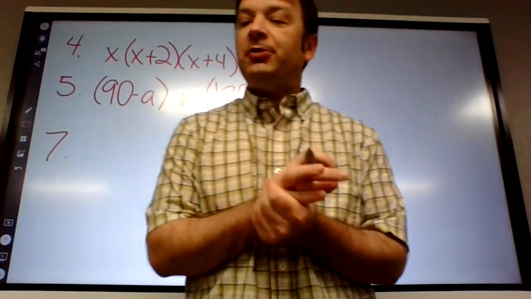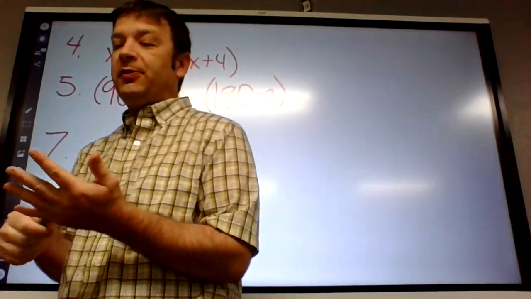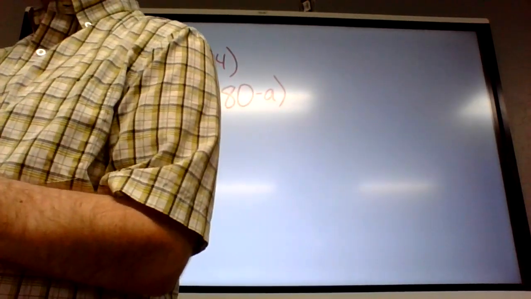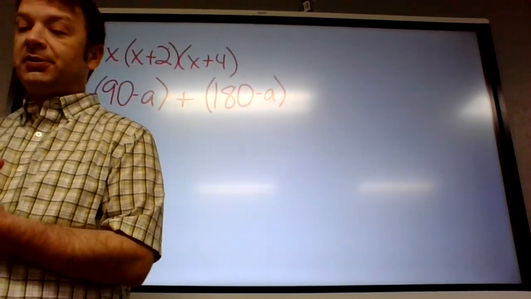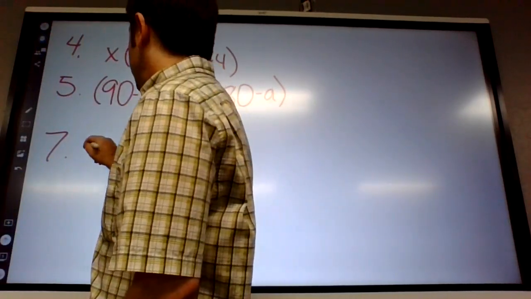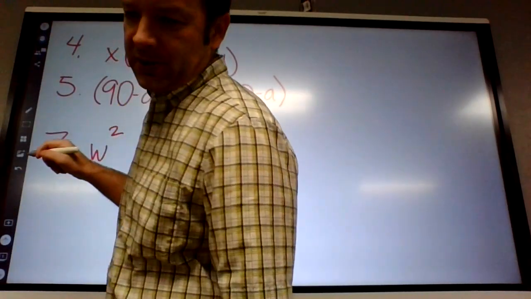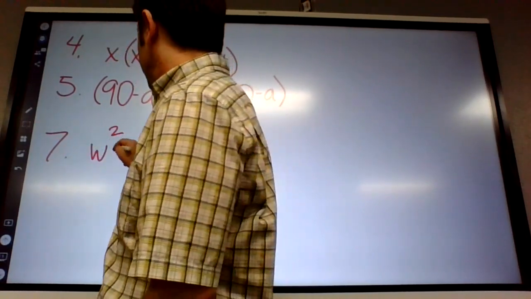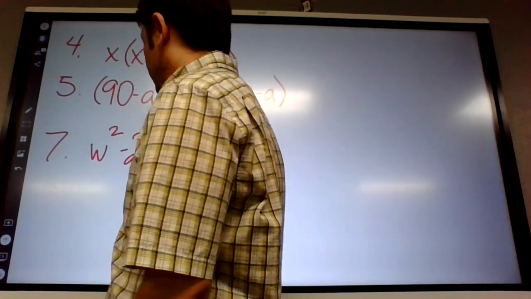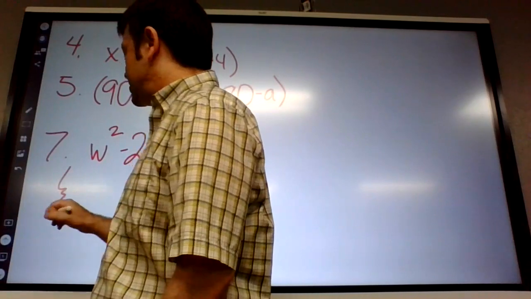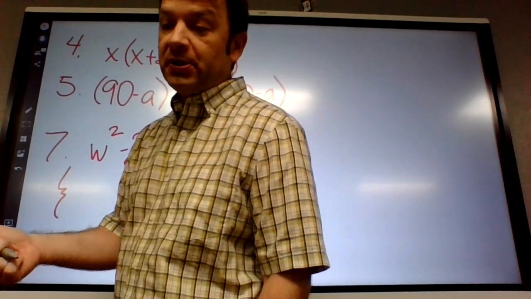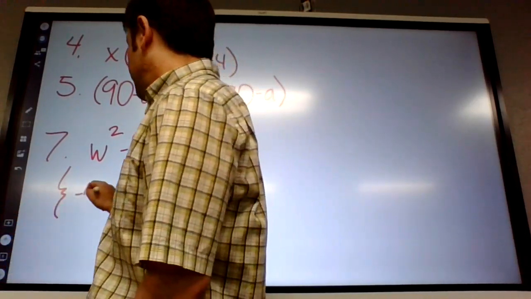Yes. You guys remember doing that? You just plug in each number for the variable. So we got 4 numbers to plug in. We're going to have 4 different answers. So it says w squared minus 2w minus 1. And the domain just means the numbers that you put in. -4, 2, 3, 8.